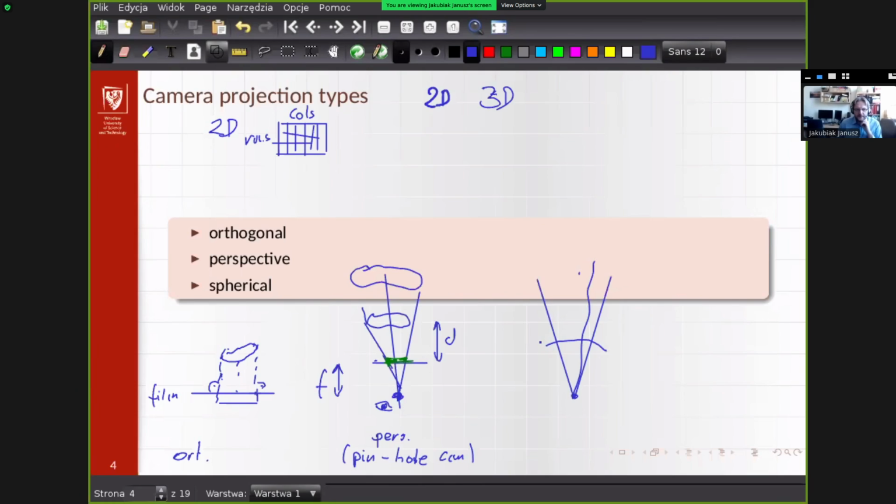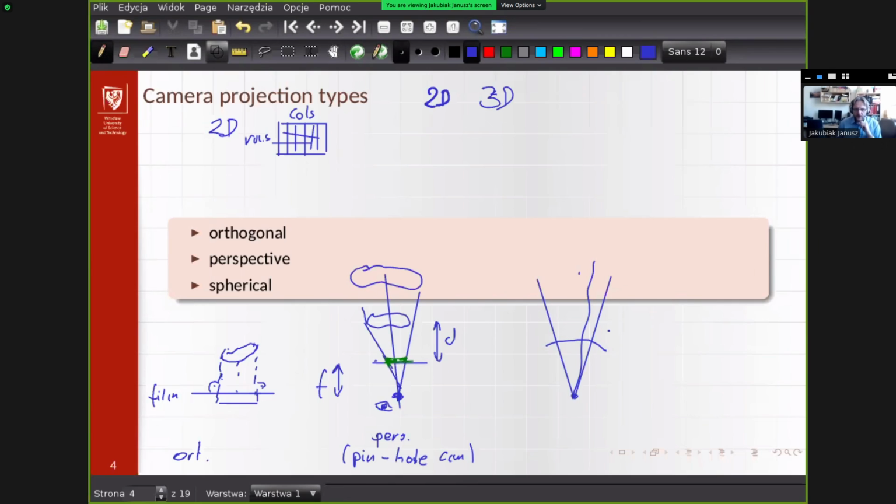It is a part of a sphere. Of course, you will not find it in regular cameras, but it is the way that, for example, three-dimensional scanners return their values.